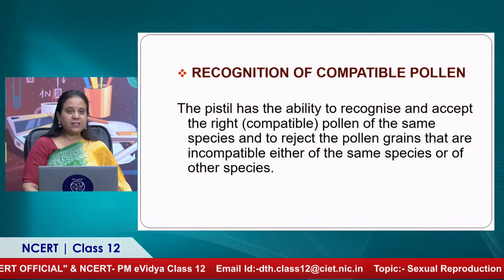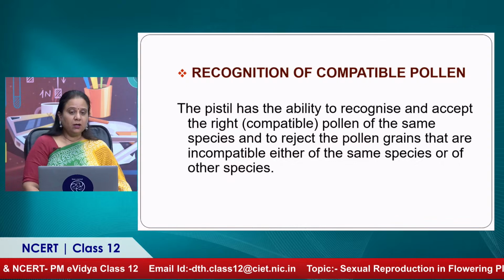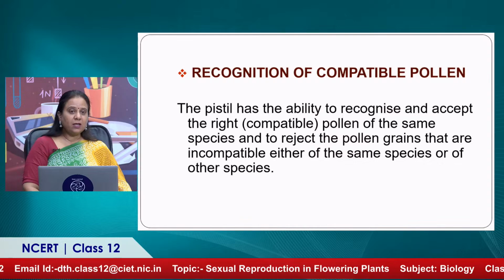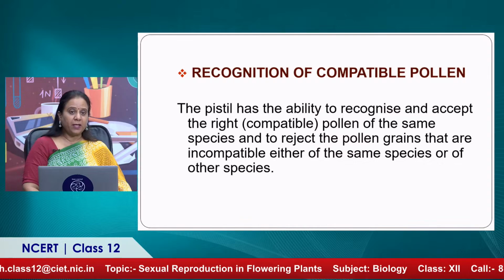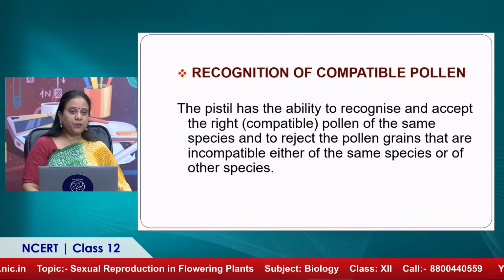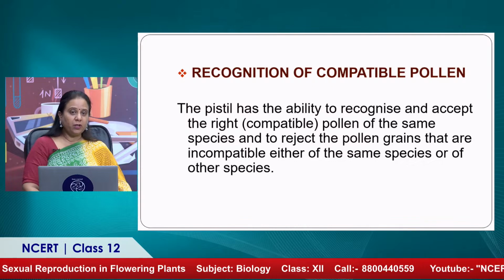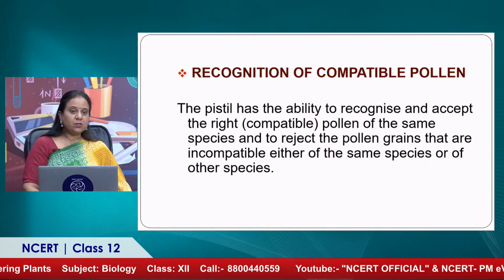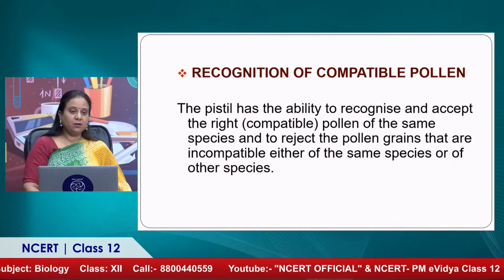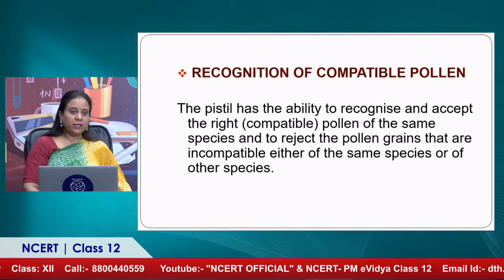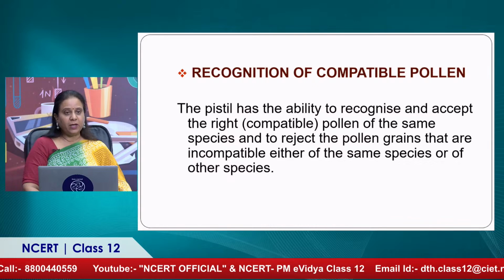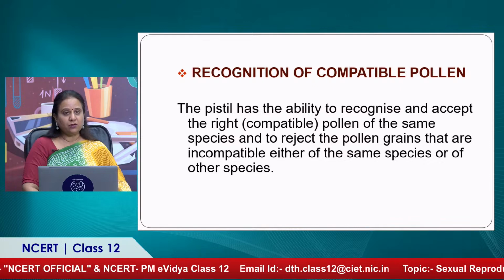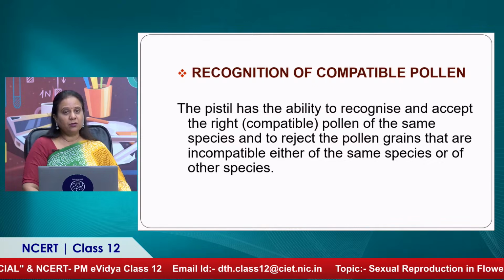So the first point, let's see it in detail. The pistil has the ability to recognize and accept the right, means compatible pollen of the same species and to reject the pollen grains that are incompatible either of the same species or of other species. मीन्स पॉलिन्स जो फॉल होते हैं स्टिग्मा पे उनको वो कितना कंपैटिबल है स्टिग्मा के ऊपर वो फाइंड आउट करना, that process is recognition if it is compatible or not.